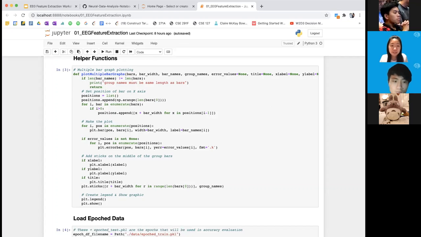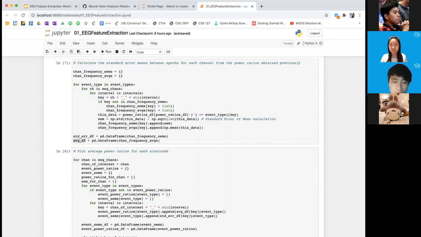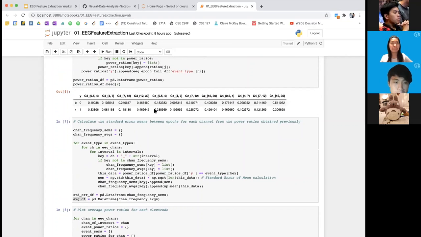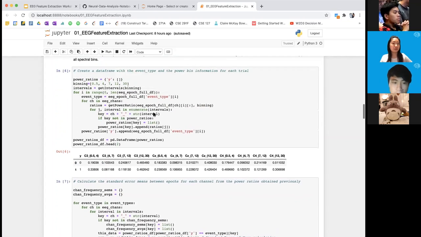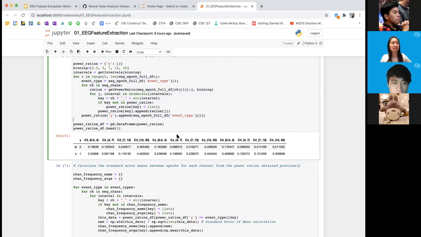Loop more efficiently. Are you talking about here with calculating the SEMs and the averages? Yeah. Let's see. If you think about calculating SEMs and averages, I don't think you could do this in the same loop here, because first you need to get all the values, and then you can take the average, unless you could sum everything up while you're doing this.